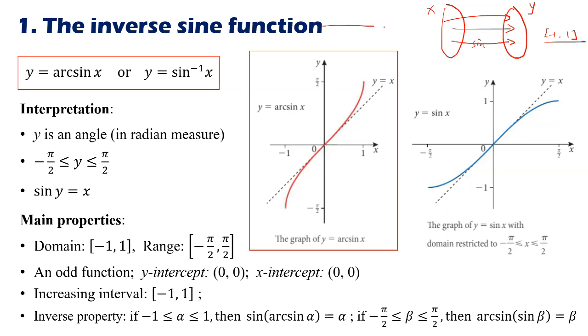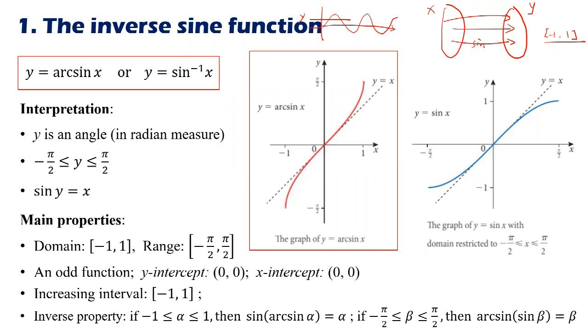Because the sine function is a periodic function, for any given y here, that corresponds to an infinite number of x, right? So in order to make the inverse mapping a function, we need to restrict the domain of the inverse sine to within a period, right?